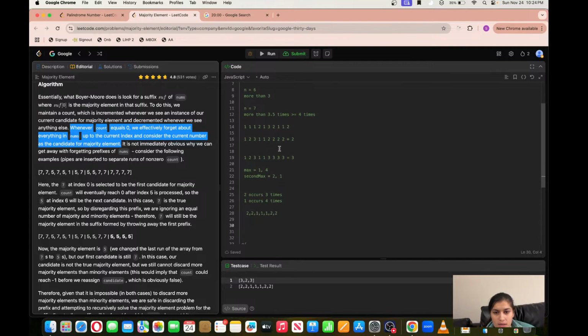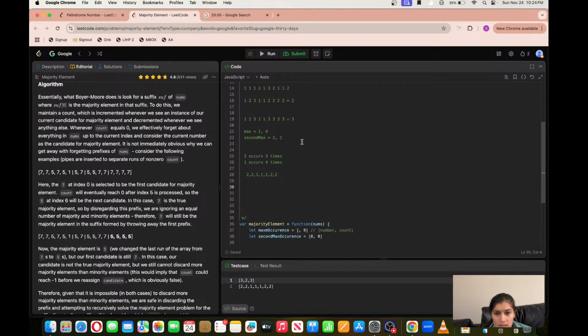Actually, I understood what this means, and that makes sense. Because if it is a majority element, that's what I was saying: there must be some way to utilize this condition that we are given, that it will be a majority element, right?